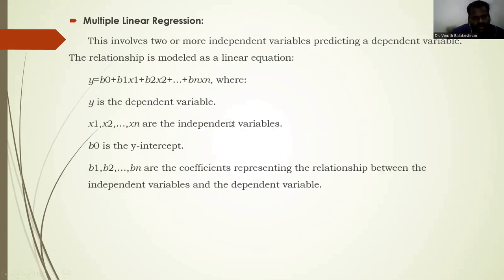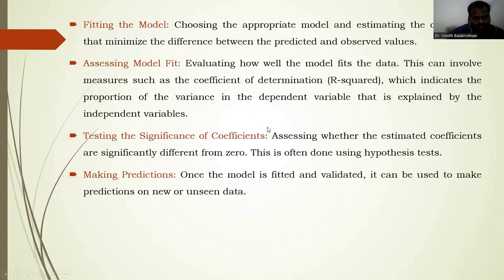In multiple linear regression, we have n unknown parameters depending upon the independent variables. Here we have the intercept, then n regression coefficients. These are called the unknown parameters. We can also use the ordinary least squares method for finding these unknown parameter values. This is how to fit the model.